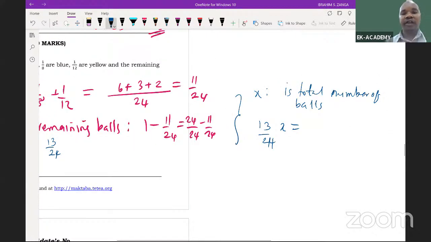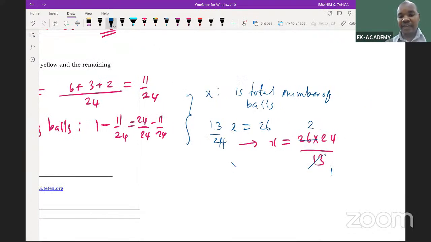So we have to look for X. Over here, you're going to say that X equals 26 times 24 divided by 13. You can simplify by 13, it is 1, by 13, it is 2. So total number of balls X equals 48.